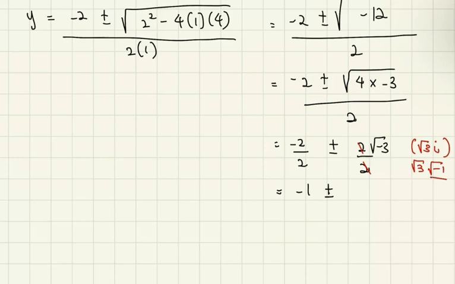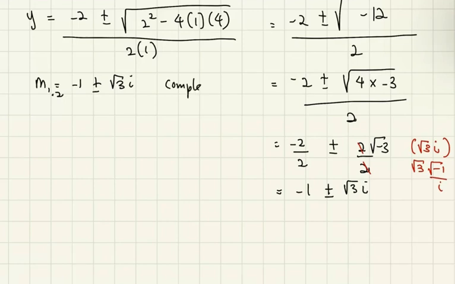Square root of minus 1 is i. So this one will be square root of 3 i. So the solution for m: m1 and m2 equal to minus 1 plus minus square root of 3 i. So this is a complex root.